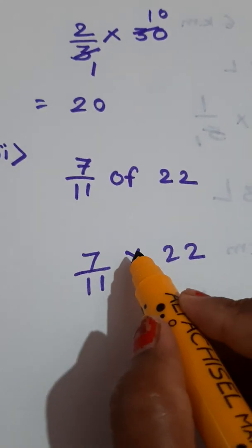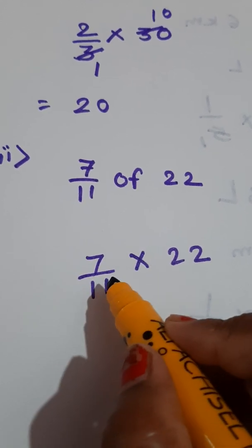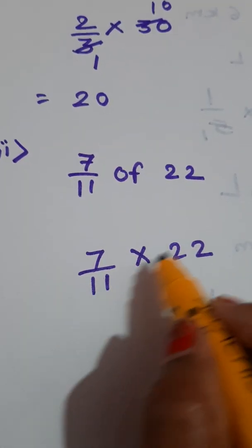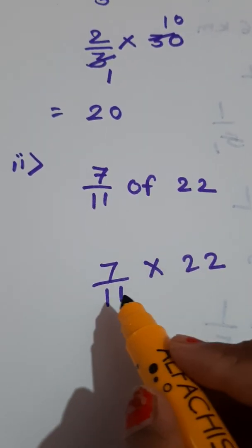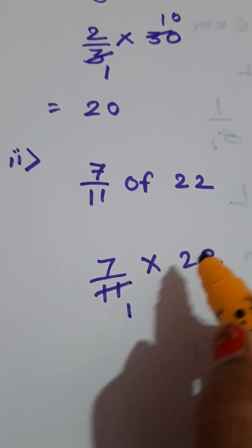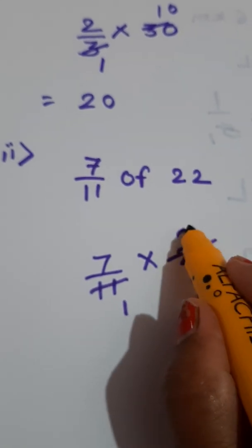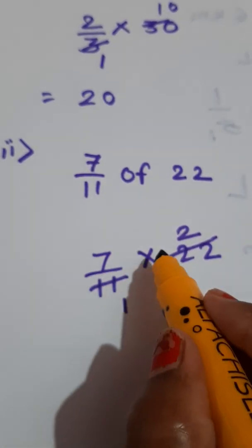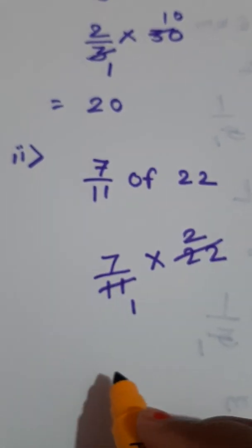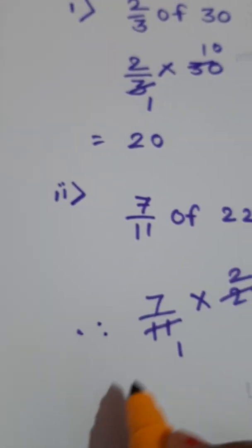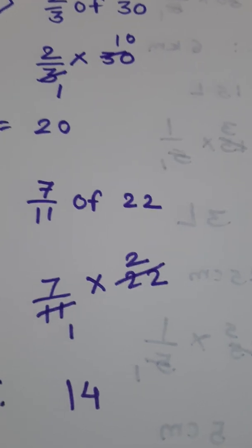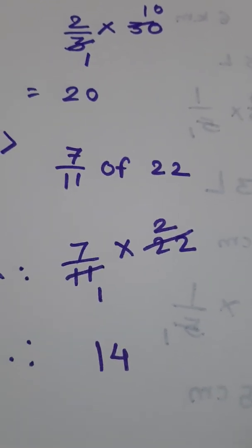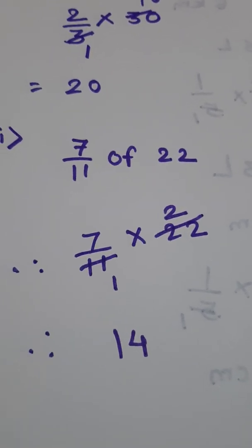When the multiplication sign is there, we can divide slantly or vertically if the numbers are from the same table. So here 11 ones are 11, 11 twos are 22, and 7 into 2, 7 twos are 14. So here we got the answer 14. 7/11 of 22 is 14.